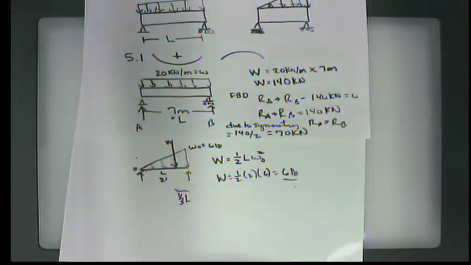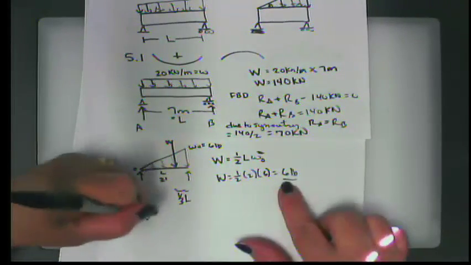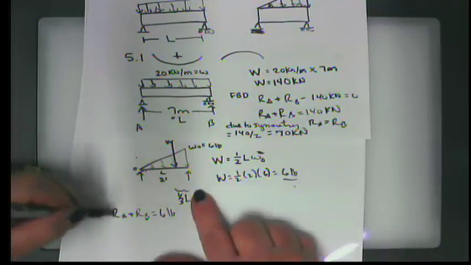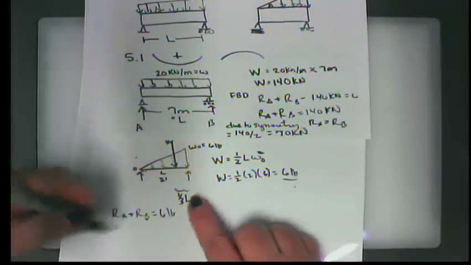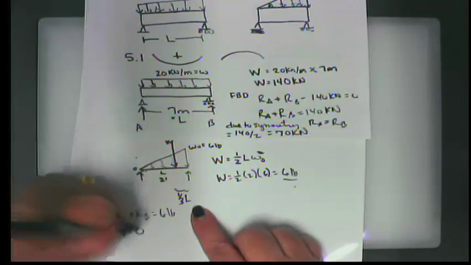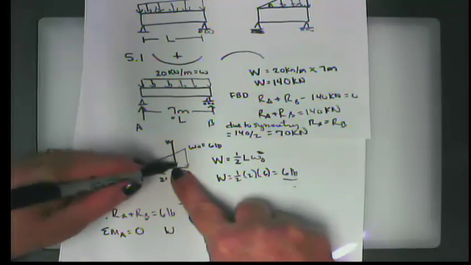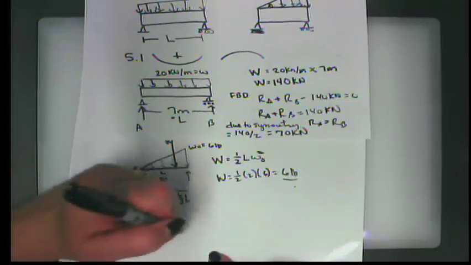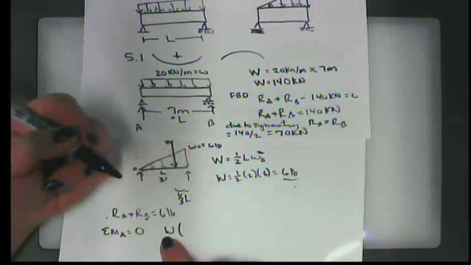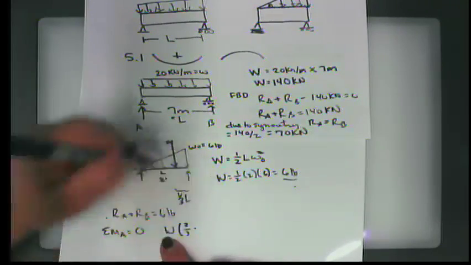So when we look for R sub A and R sub B, we still know that's going to equal 6 pounds, but now it's not symmetrical. It's not 3 and 3. We're going to have to do moments about, say, point A in order to get that. And so we would get W times, this would be 2/3 of L. So this would be the weight, and this would be the moment arm, 2/3 times the 2 feet.